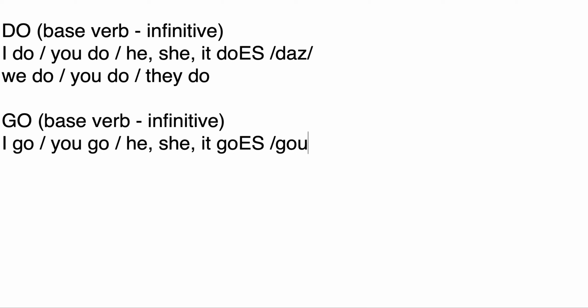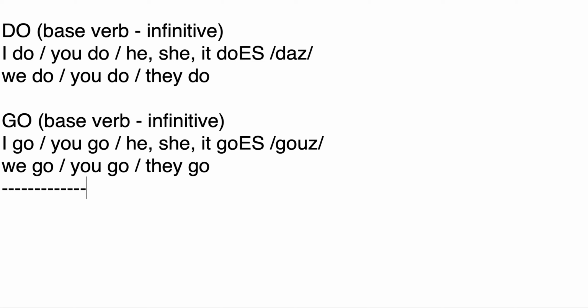Okay? Goes. The pronunciation again kind of looks like this. Goes. You can see. Go, no change. You go, no change. He, she, it goes. Followed by we go, you go, and they go. Easy, isn't it? Super simple.